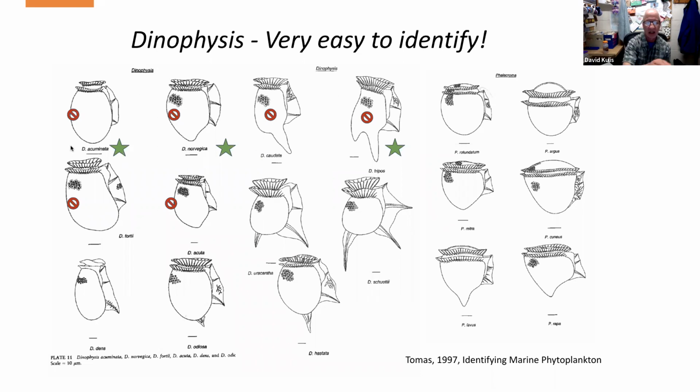In addition to those, there's caudata, fortii, and acuta that are known to produce toxins. These cells could be confused with Phalacroma, and there's another genus also that has cells with a similar morphology. We'll try to address that as we go on.